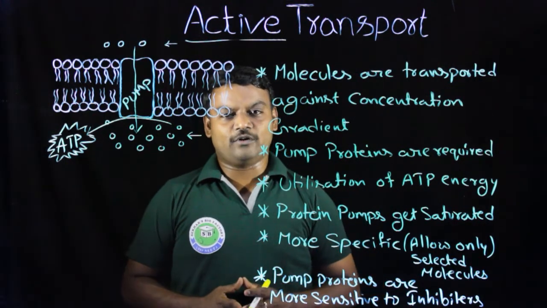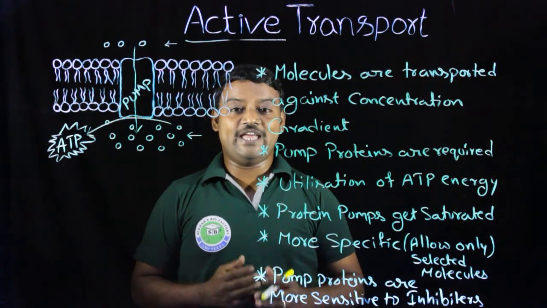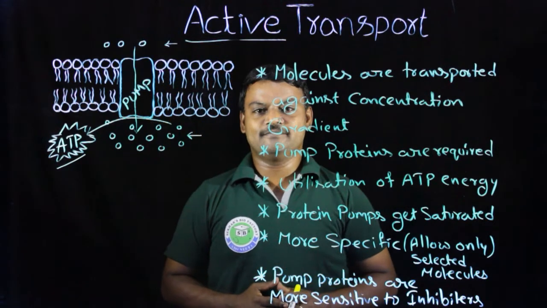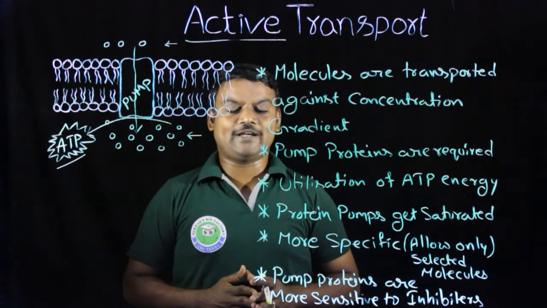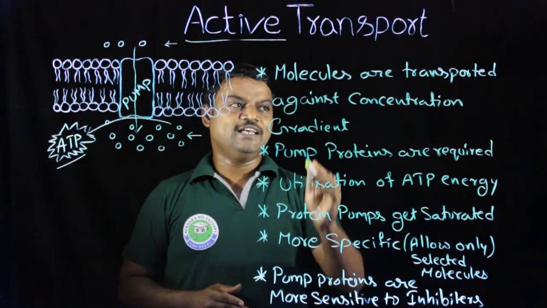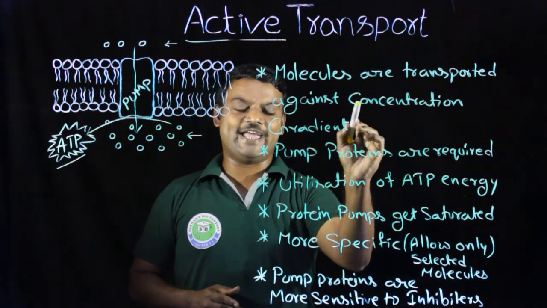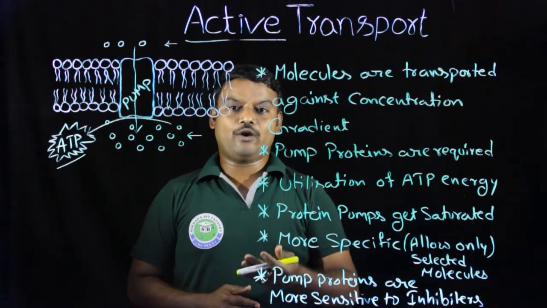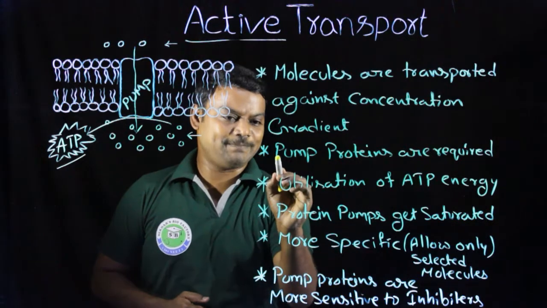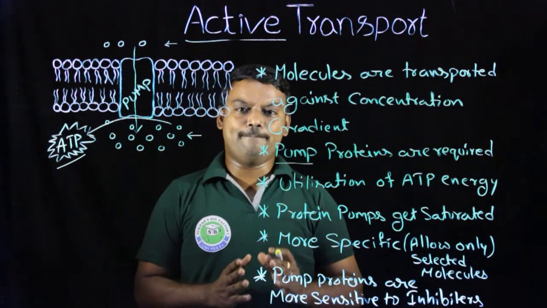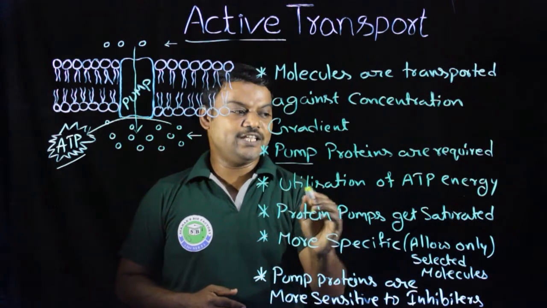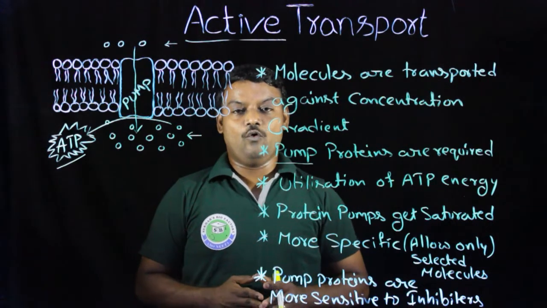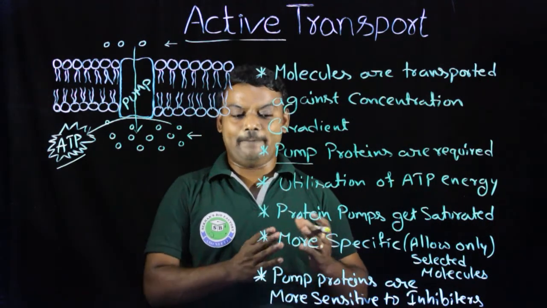For the transportation of molecules against the concentration gradient, ATP energy is required, and the most important character of active transport is that molecular transportation takes place against the concentration gradient. For the transportation of these molecules from lower concentration to higher concentration, specialized membrane proteins called pump proteins are required, and utilization of ATP energy takes place, and protein pumps get saturated when the transportation rate reaches maximum.